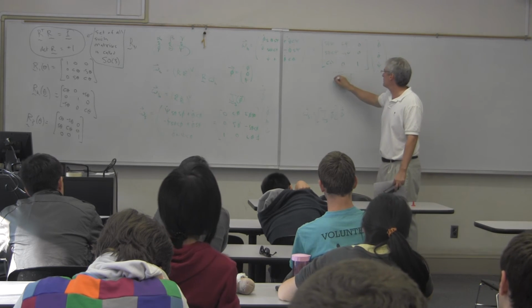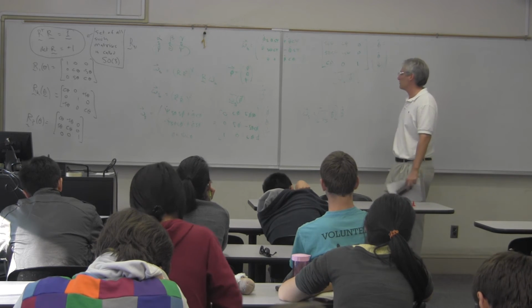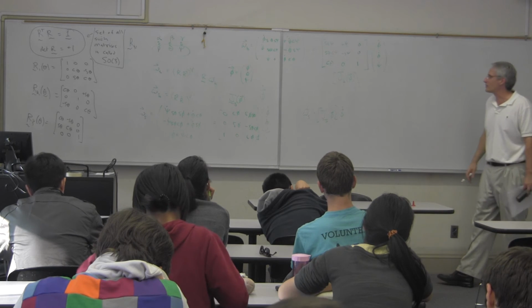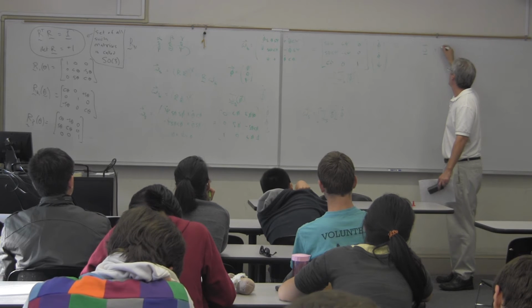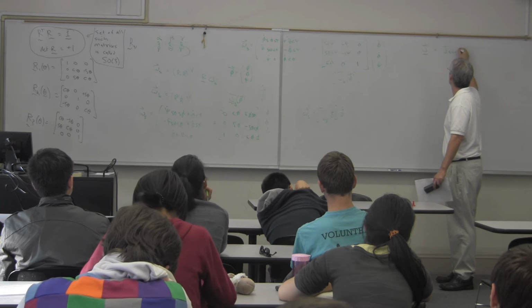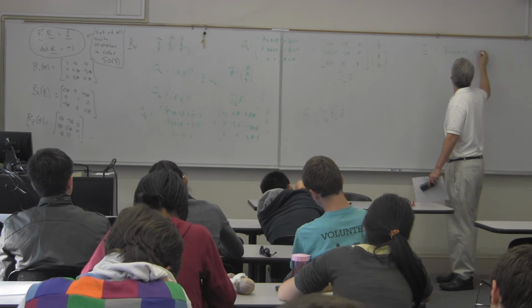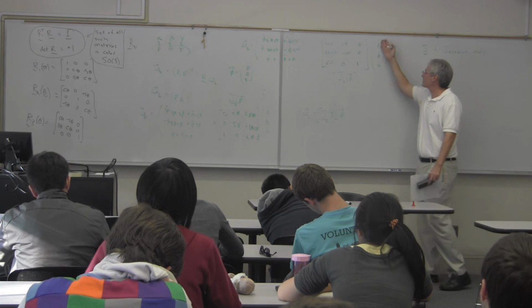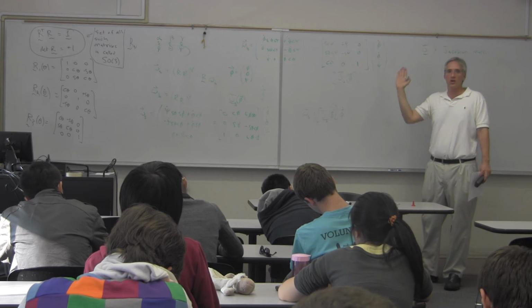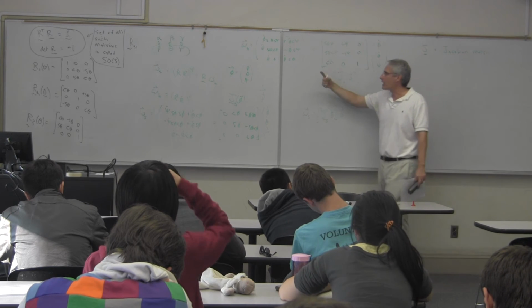So the reason why I'm using the letter J for these matrices is because these matrices are called a Jacobian matrix. And they relate the rates of the three Euler angles to the actual angular velocity.